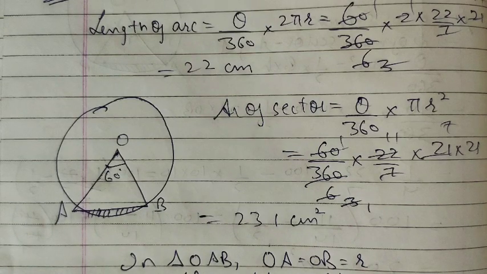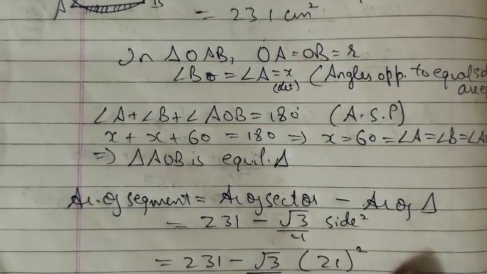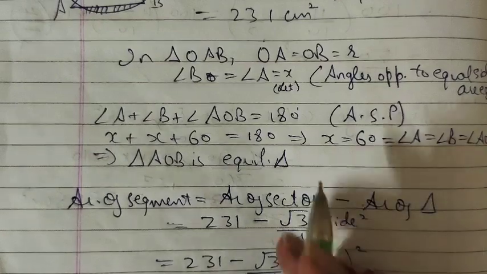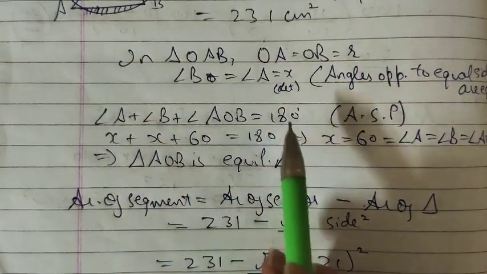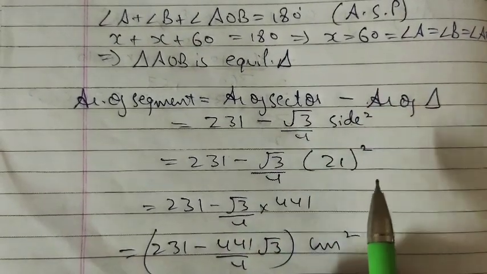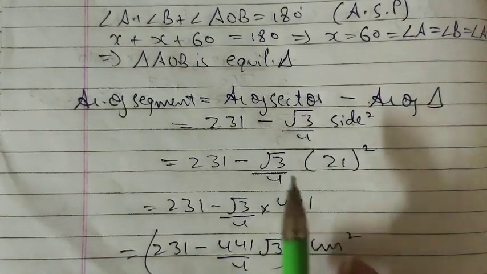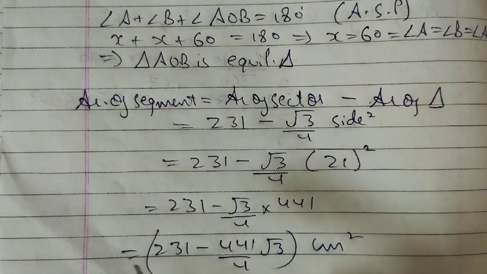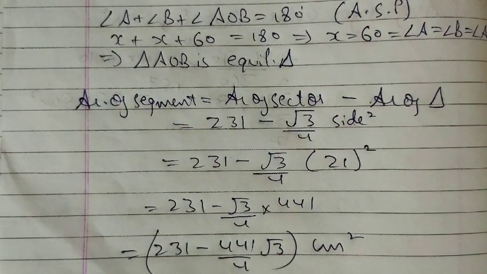Area of minor segment will be equal to area of minor sector minus area of triangle. For that, first prove that the triangle is equilateral and then use this formula. Area of major segment is equal to pi r square minus area of minor segment, so subtract the minor segment from pi r square to get the area of major segment.